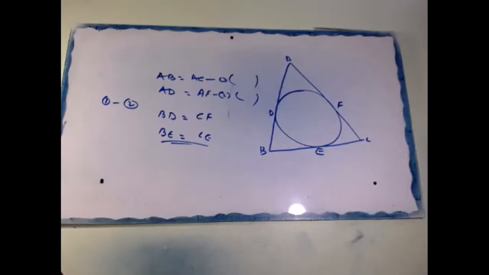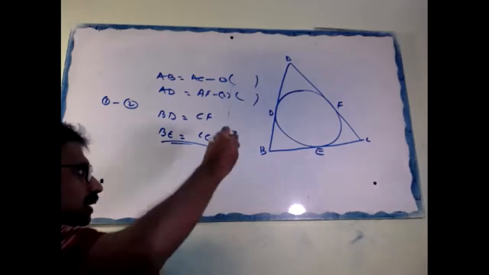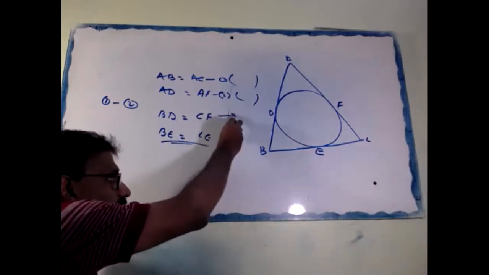Okay, 1 minus 2: AB minus AD equal to AC minus AF. That is BD equal to CF. Call it number 3.